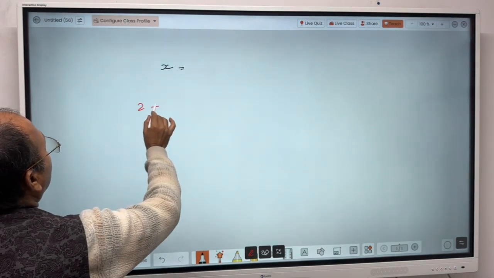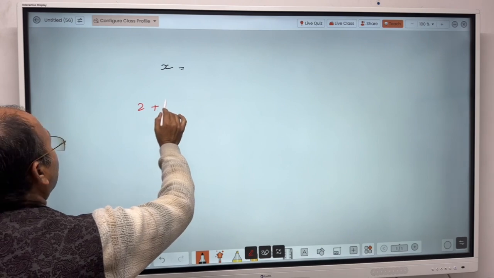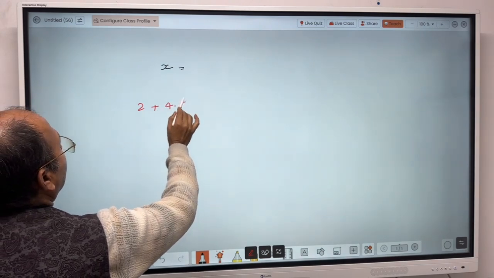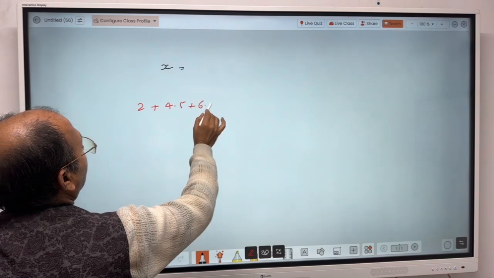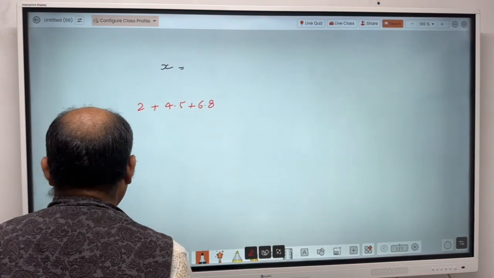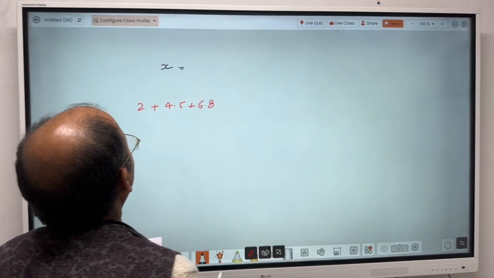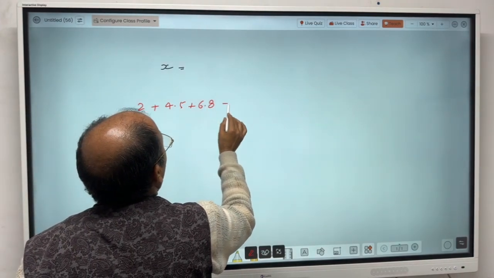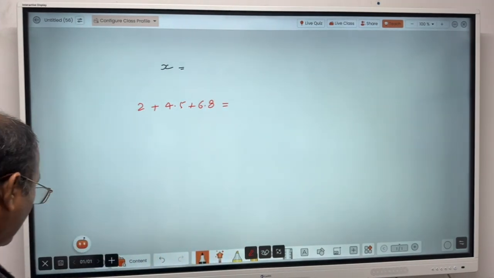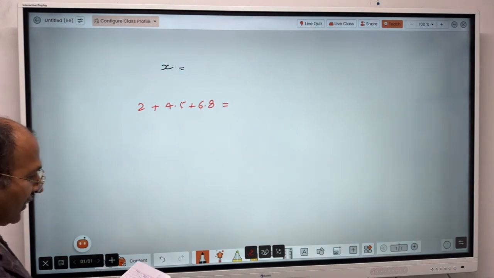Suppose we have 2 plus 4.5 plus 6.8, and we have to add it.